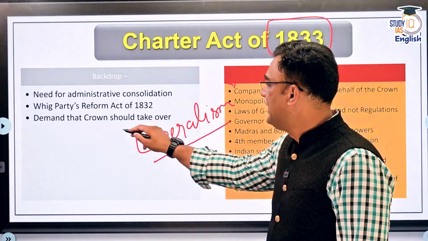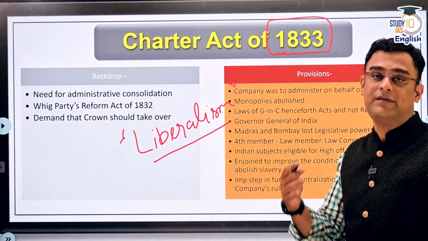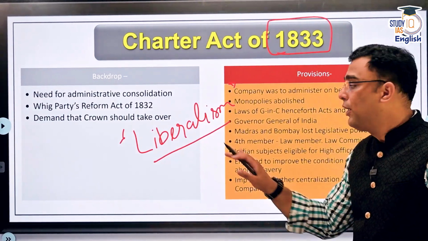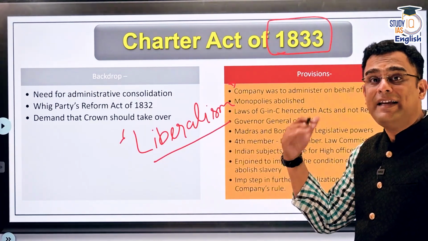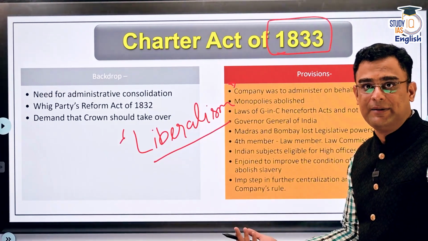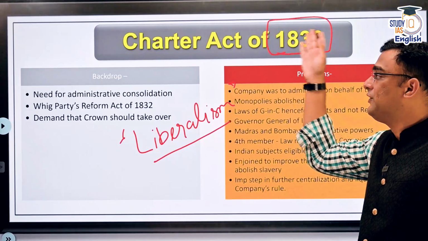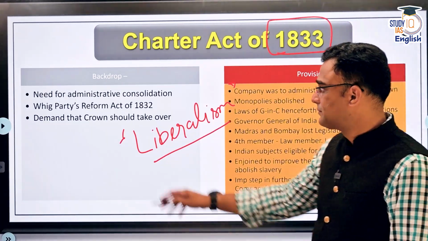The idea of liberalism becomes dominant in Britain's national discourse. And because of this, we see that many progressive steps and measures are taken. And that finds its reflection in India in the form of this Charter Act. Let us understand a little bit more about this.